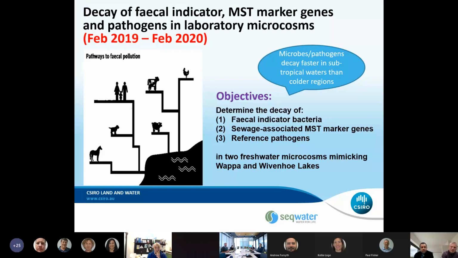We conducted a thorough literature review, but noticed very little has been done on the decay of microbes and pathogens in South East Queensland and subtropical waters in general. So we conducted laboratory experiments to determine the decay of fecal indicator bacteria, associated MST marker genes, and 3 reference pathogens in 2 freshwater microcosms mimicking Wivenhoe and Wappa.